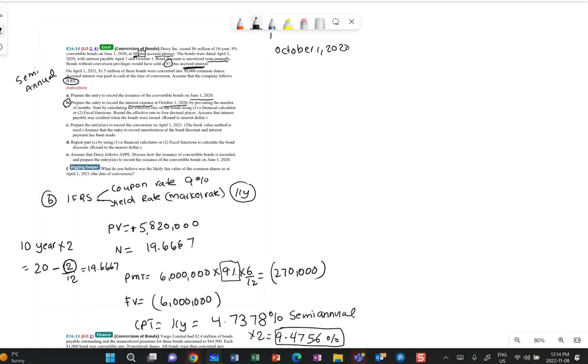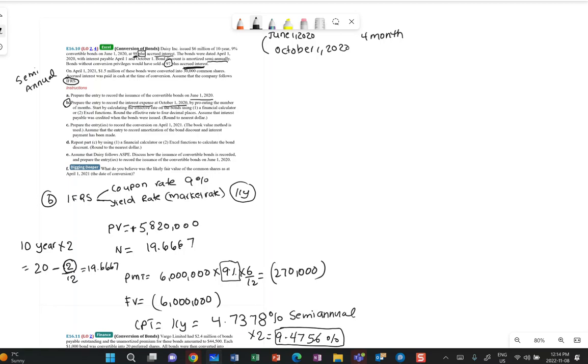The first transaction was recorded in part A on June 1st. From June 1st to October 1st, 4 months have gone by. So we're going to record the transaction. I will do the table way and record the transaction first. I shouldn't have deleted part A.